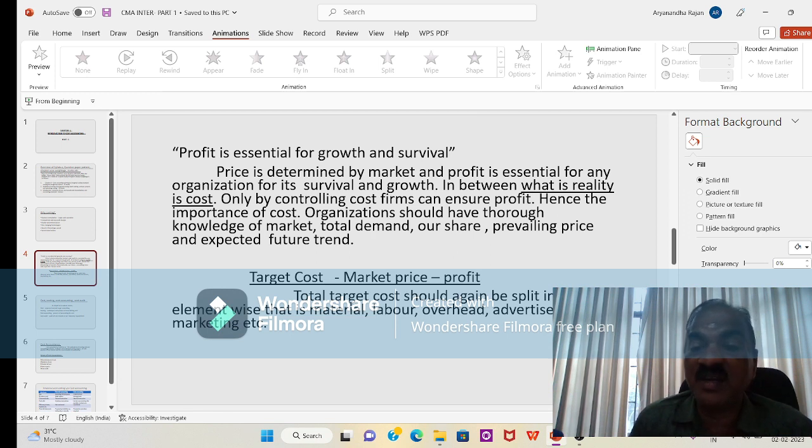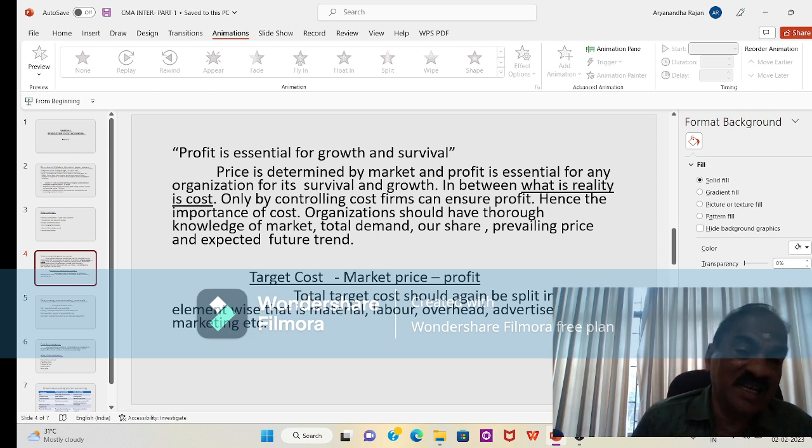KSRTC is finding it very difficult to pull on because of the loss they are sustaining every day. So, their employees are also finding it very difficult to get their salary and their retirement benefits, etc. So, for the smooth functioning of organizations, profit is essential.